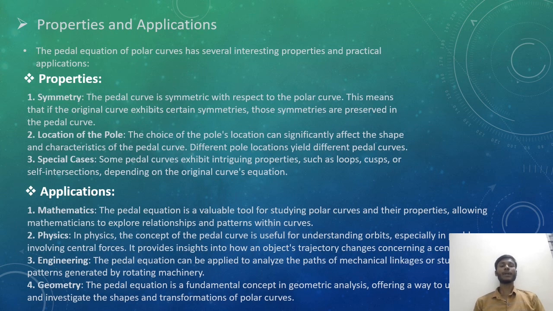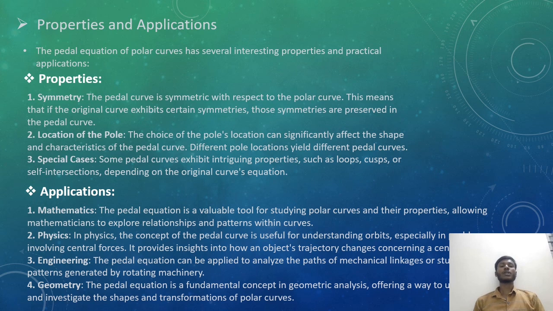Properties and applications. The pedal equation of a polar curve has several interesting properties and practical applications. Properties. First one, symmetry. The pedal curve is symmetric with respect to the polar curve. This means that if the original curve exhibits certain symmetries, those symmetries are preserved in the pedal curve. Location of the pole.